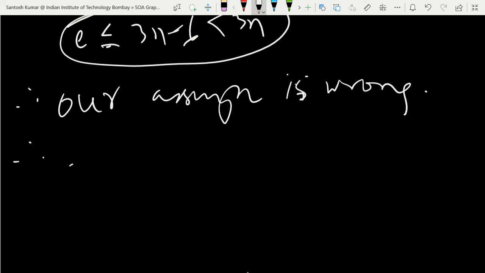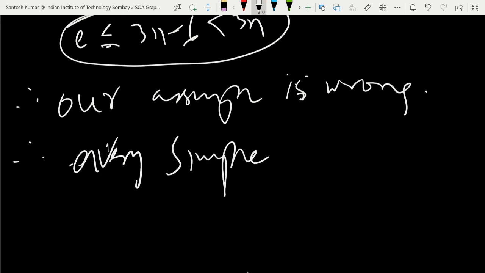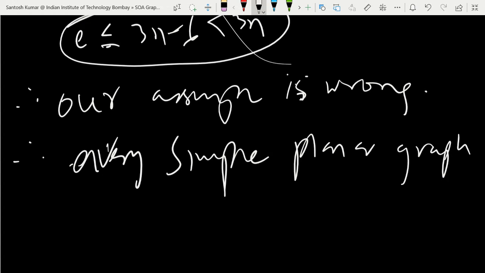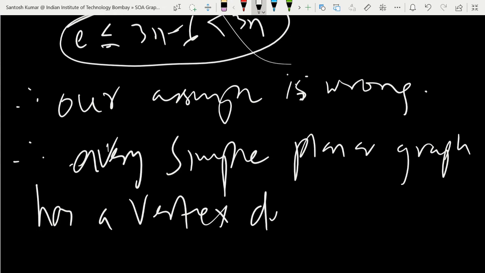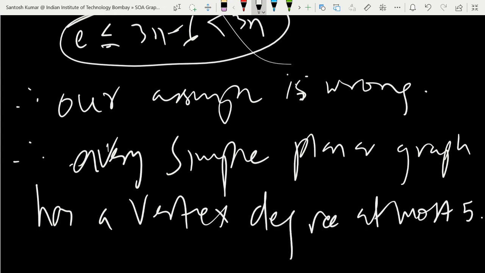So you can write: every simple planar graph has a vertex of degree at most 5.